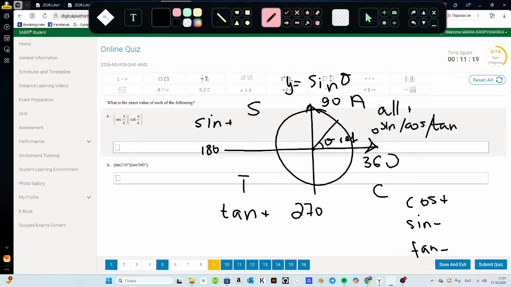Secant is 1 over cosine theta, where theta is your angle, gives you secant theta. So that's what we're trying to find for the first part: 1 over cosine 45.